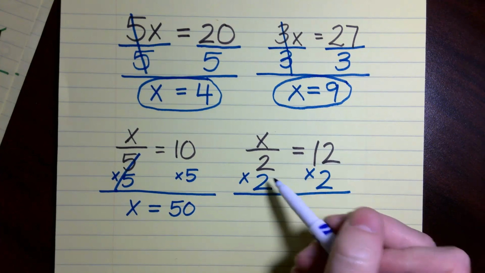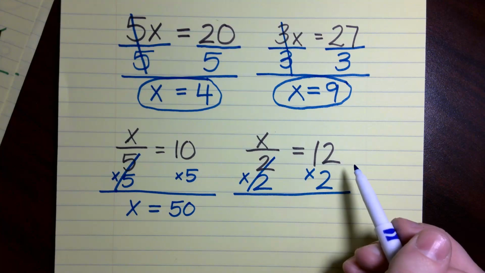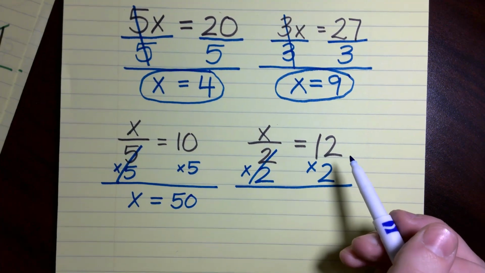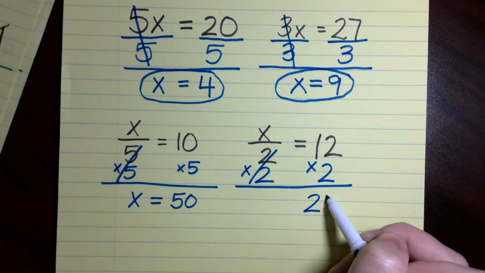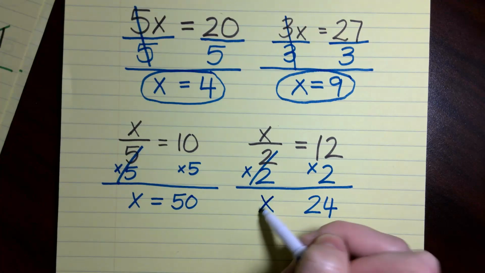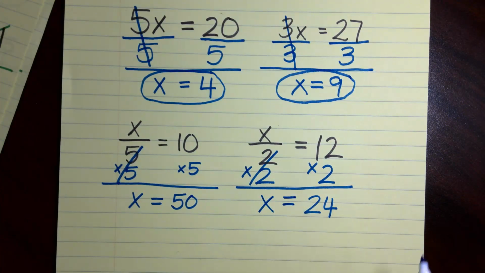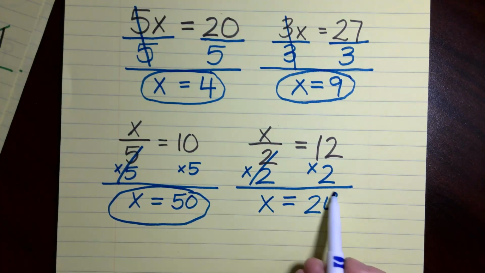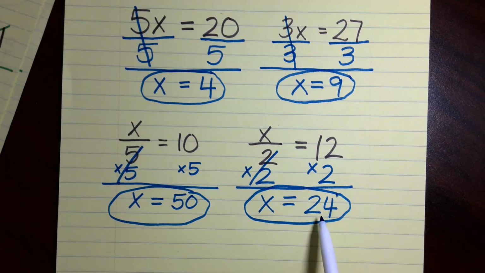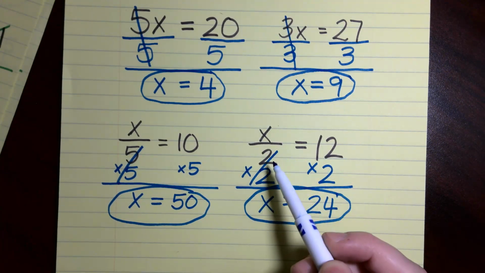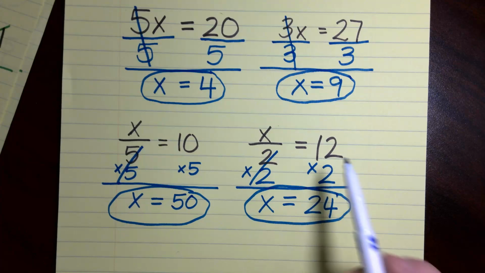They cancel. Now what am I going to do? 12 times 2 is 24. So x equals 24. And same thing, if I were to replace x with 24, 24 divided by 2 is 12. So we did it right, guys.